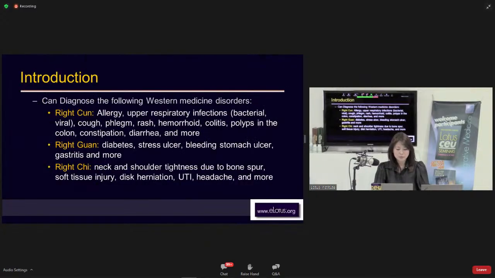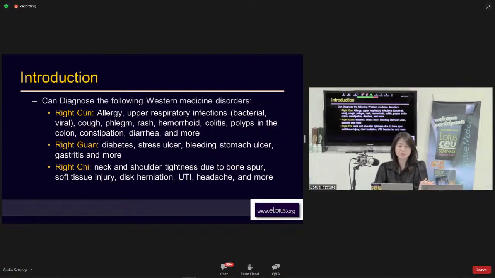So I wrote a few things down that you can learn from Dr. Chang, a few problems you can diagnose in the cun, guan, chi positions on the right side and on the left side. You cannot diagnose these using the TCM system. If you're able right now to take the pulse of a patient, Los Angeles County has a lot of COVID cases again.